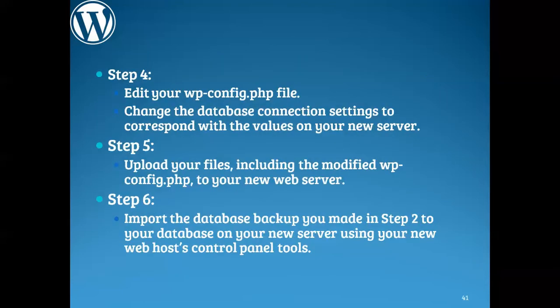Edit your wp-config.php. Change the database connection settings to the corresponding values of your new server. Step 5: upload your files, including the modified wp-config.php, to your web server. Step 6: import the database backup you made in step 2 into your database on your new server using your new web host's control panel tools.